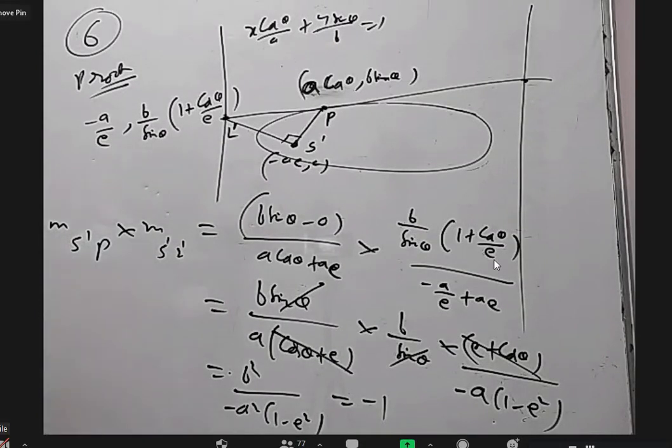Portion of the tangent between point of contact and directrix subtends 90 degrees at the focus. Subtends 90 degrees at the focus.